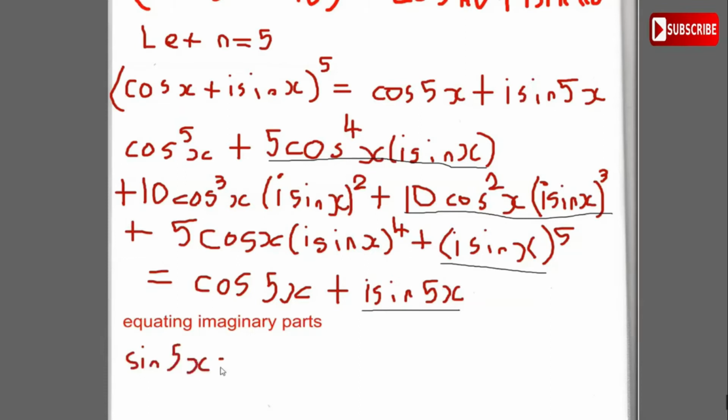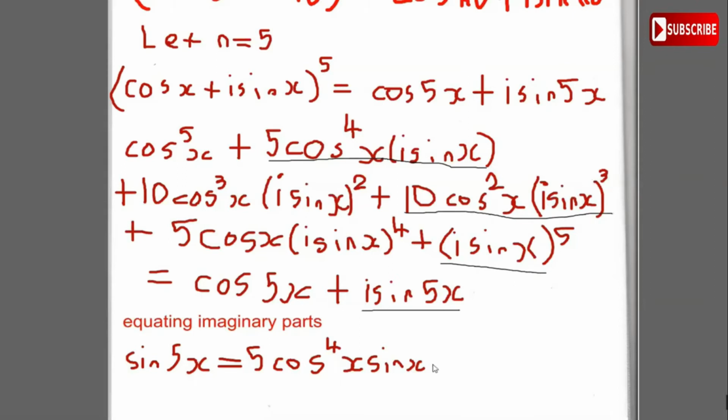is equal to 5 cos to the 4 x times i times sin x, because we can ignore the i now because we're dropping off the i, we're equating the imaginary parts. So now sin 5x is equal to 5 cos to the 4 of x times sin x, plus, no, this part where i cubed is minus i.